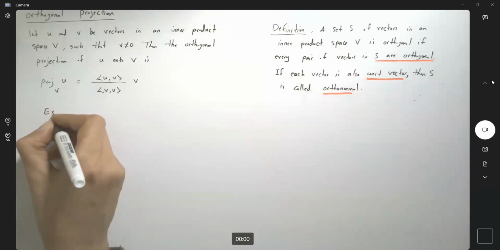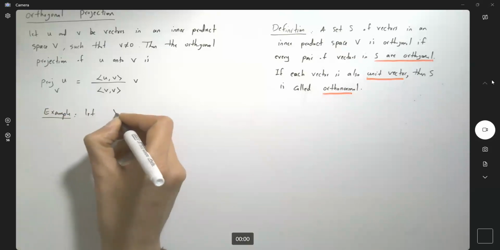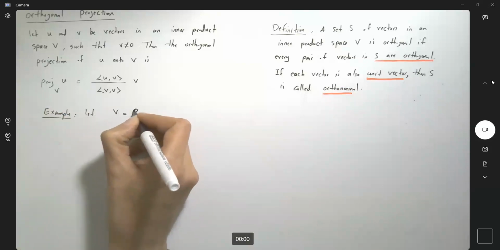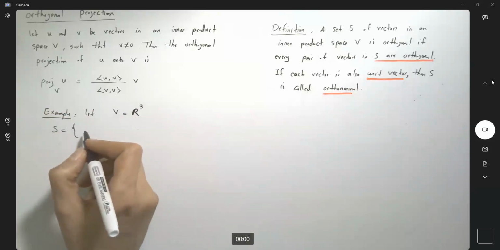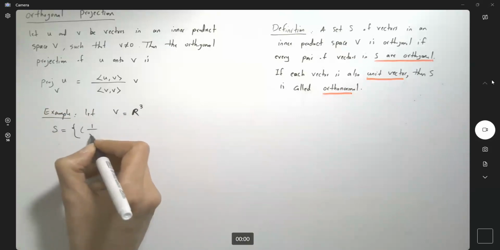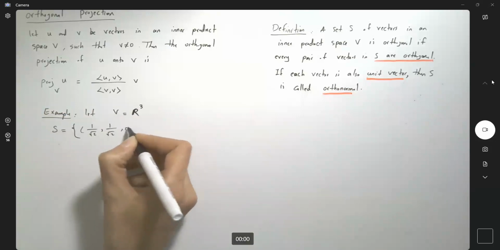For example, let V be the space. I'm going to define S to be this set. I have 1 over square root of 2, 1 over square root of 2, and 0.